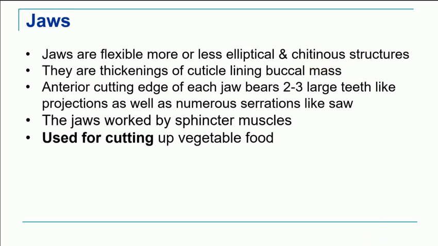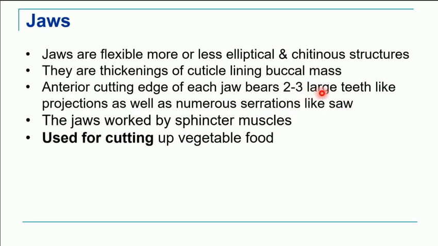Now since these are the jaws, their basic work is the cutting of any food material. Ideally Pila eats vegetable matter, so all the aquatic plants. For this purpose these jaws are helpful because they have 2 to 3 large tooth-like projections, as well as small serrations which are like saw-like structures.